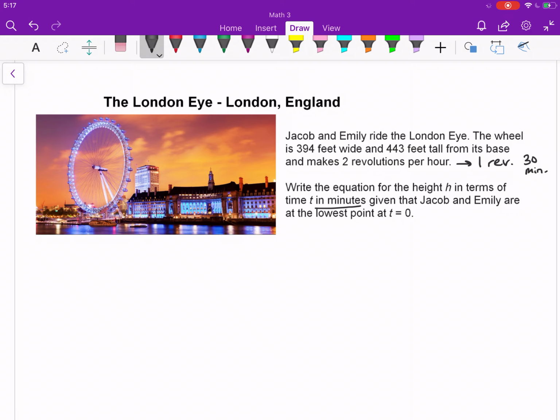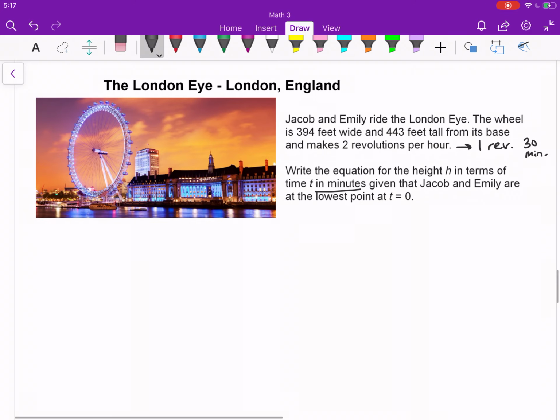So let's actually draw a quick diagram, because this kind of doesn't make sense. If we have a wheel, you would think the wheel should be circular, not oval. So why are there 2 different values right here for this wheel? Why is it 394 feet wide, but 443 feet tall? Well, let's draw a picture and get an idea. So when you have a Ferris wheel, like the London Eye, you do have a base.